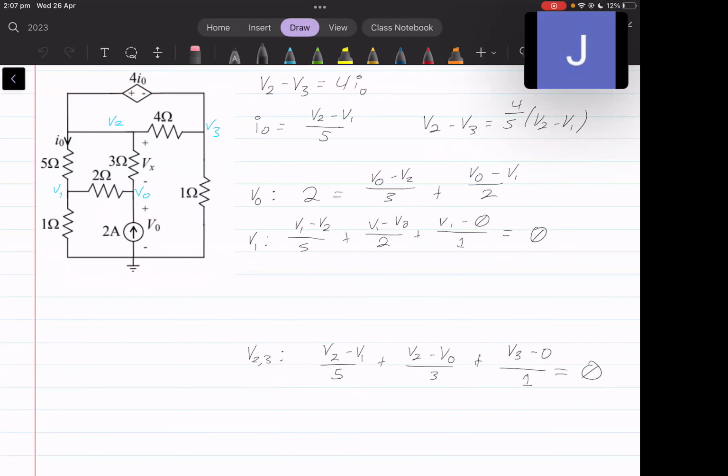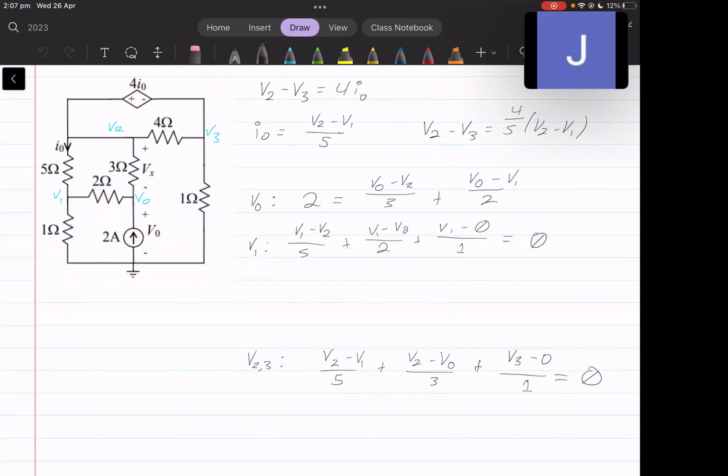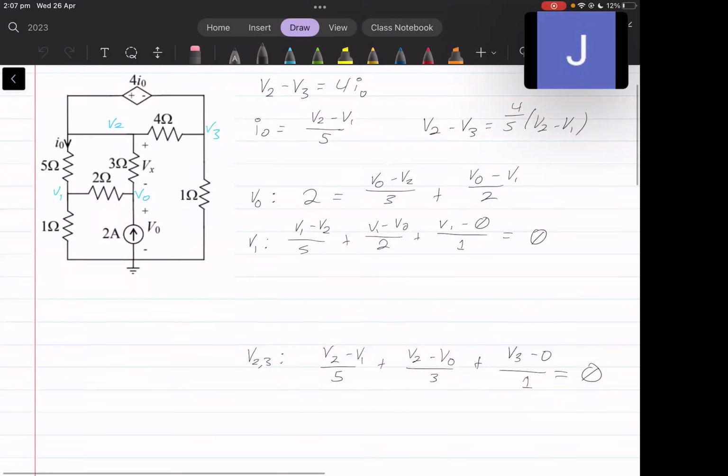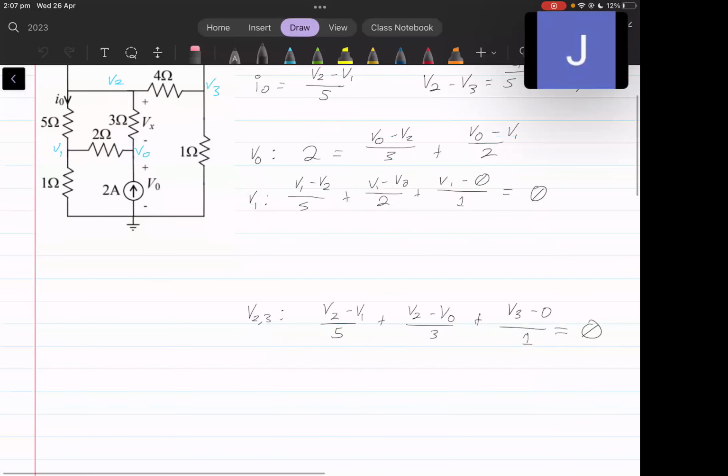I think getting rid of V3 first is a good start, just in the supernode to simplify that down, and then we'll just have a normal simultaneous equation to solve. So from above, we can work out what V3 should be. So we can simplify this down to V2 minus V1 on 5, 3 plus, and does anyone know what V3 would be equal to?